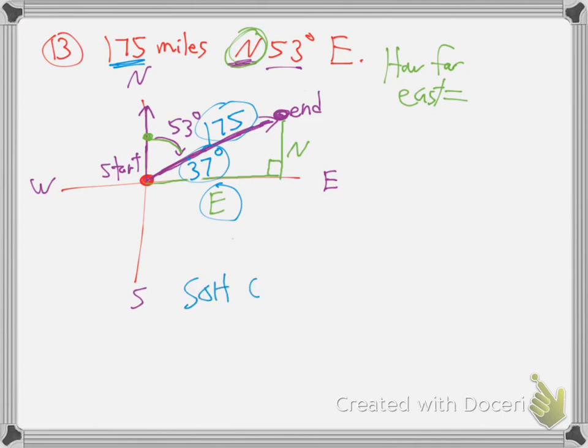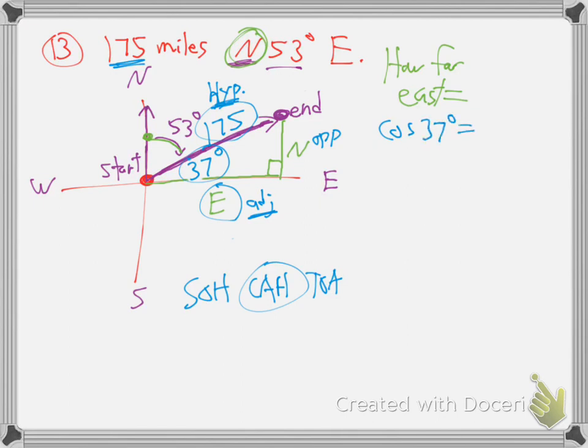So right, so Katoa, this is the adjacent side, this is the opposite side, this is the hypotenuse, right? So it's adjacent and hypotenuse, for the east anyway. It's cosine, huh?